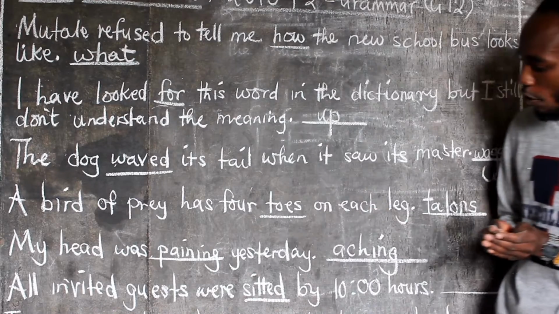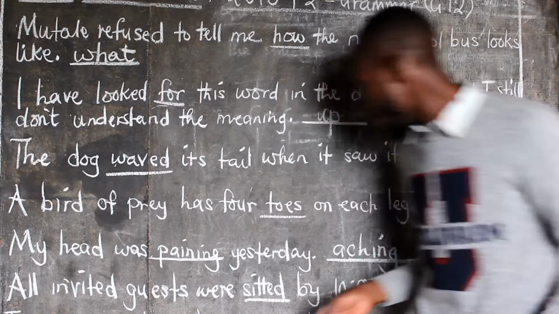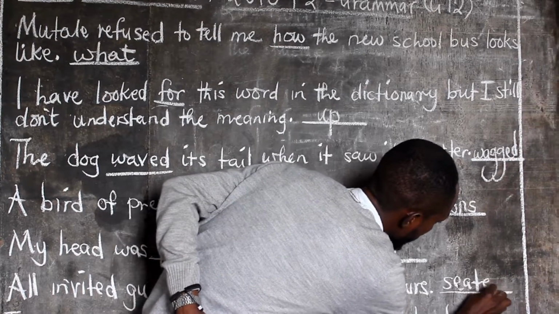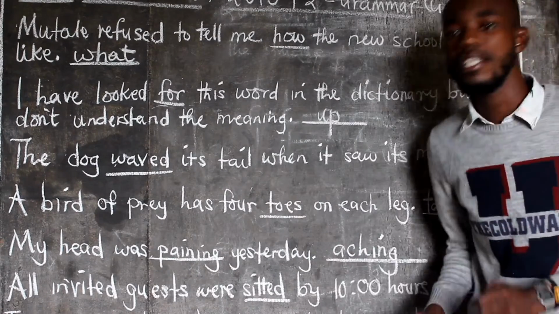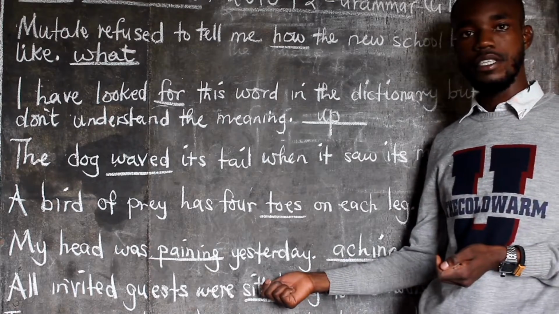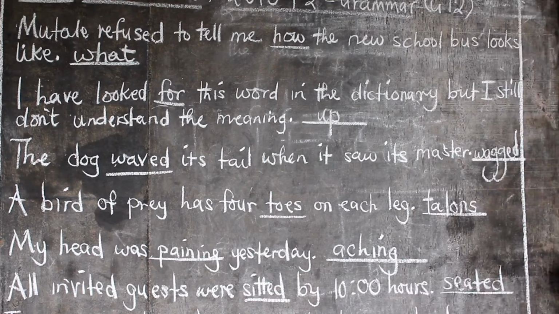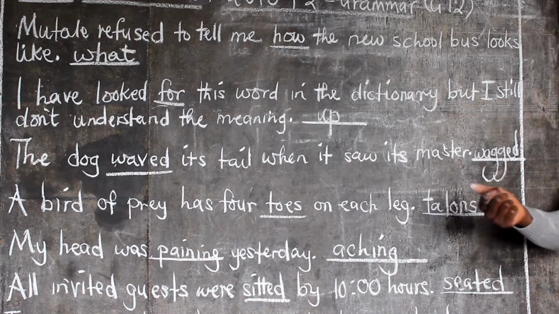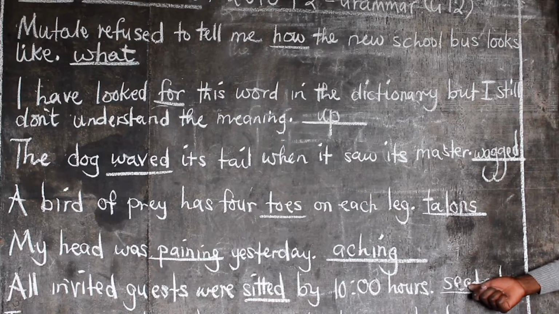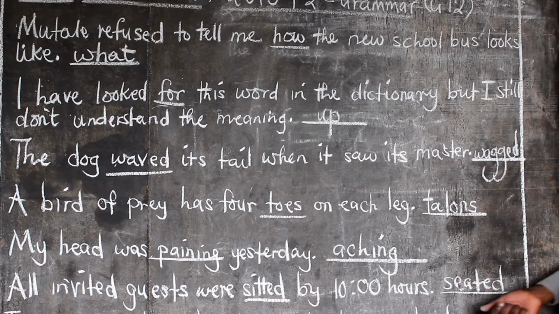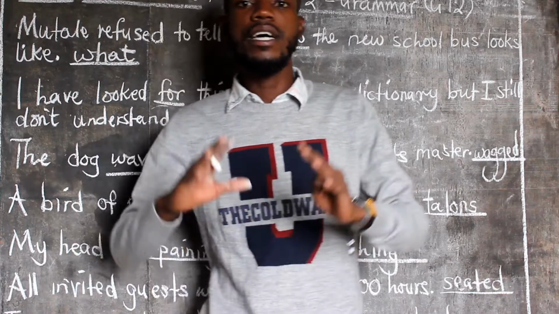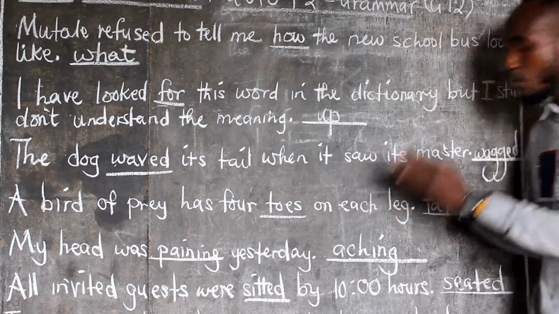So the correct way of writing seated is by changing some letters. So instead of having sit with the SIT, which does not exist as seated, we rather use seated with the S-E-A, which exists. So the correct answer is seated. The pronunciation is the same, but there is a distinction in terms of spellings.